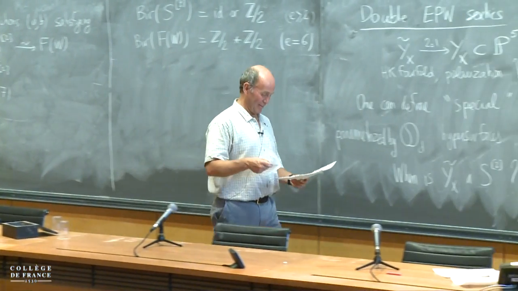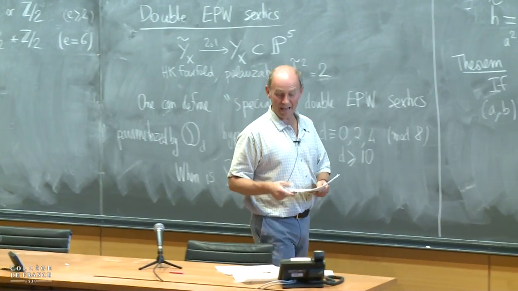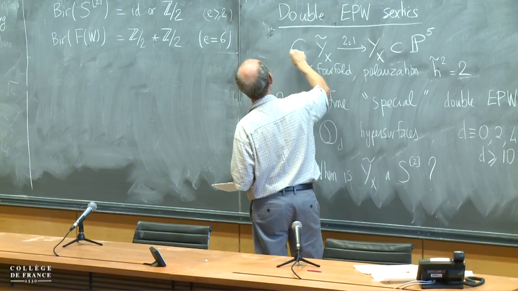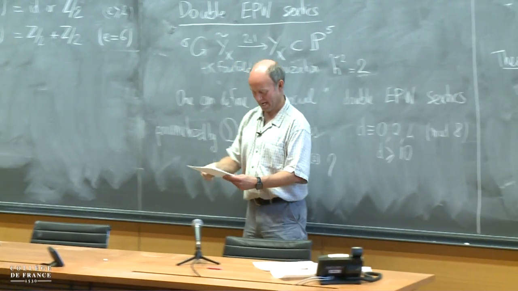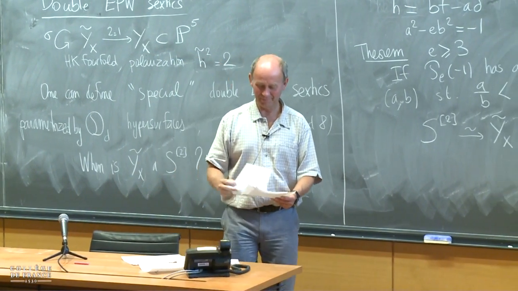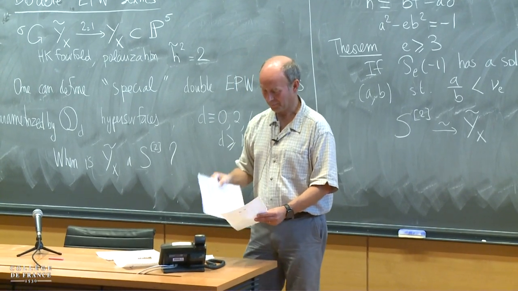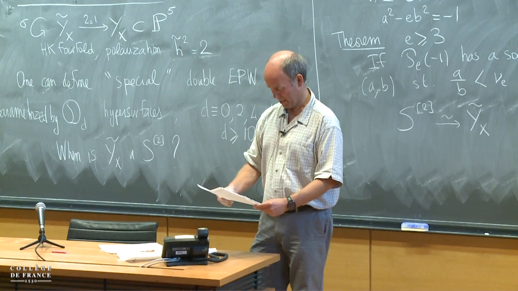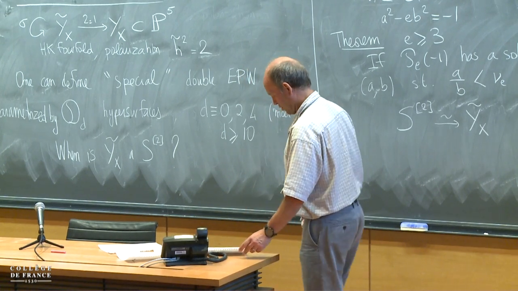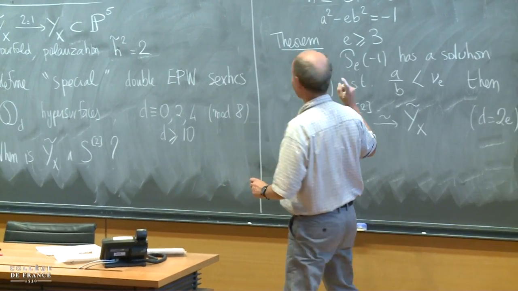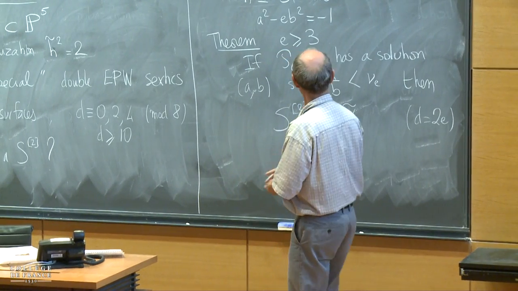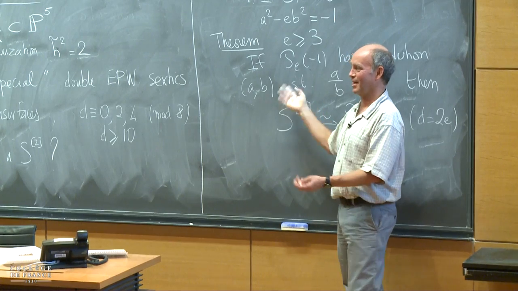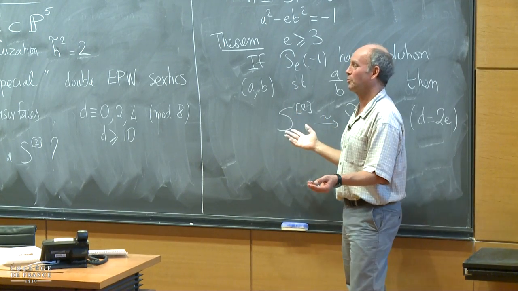you see the point is that these double EPW sextics have an involution, okay? Because this is a double cover, so there is an involution here. Okay, so let me just make sure. It's not exactly the same hypothesis. Remember that the hypothesis was that this has a solution, but another equation doesn't have a solution. Well, they turn out to be equivalent.